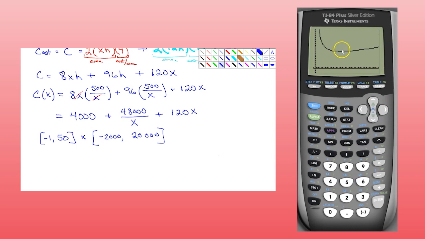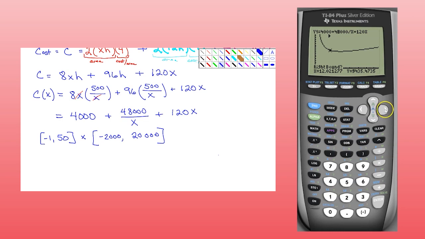Now, when I graph this, then what I can do is I can go to Second, Calc, and we're looking for the minimum. So go down to minimum and press enter. And then drive the cursor to well before the minimum and press enter.